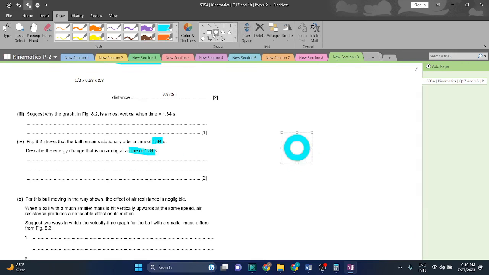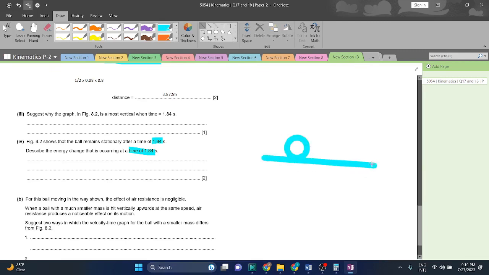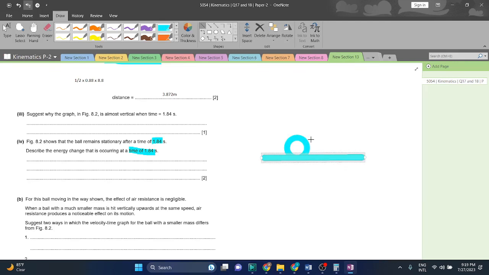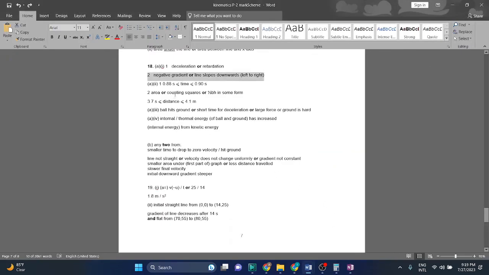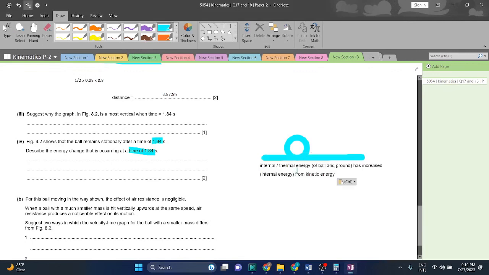The ball is rebounding from the surface, and when you hit a surface very hard, there is heat and internal energy is increased. So that means internal energy of the ball and ground has increased from kinetic energy.